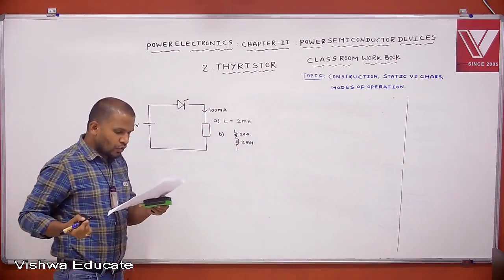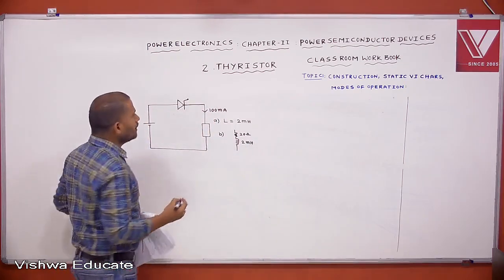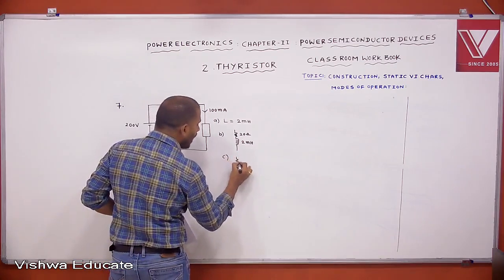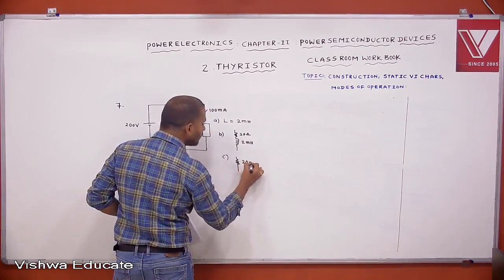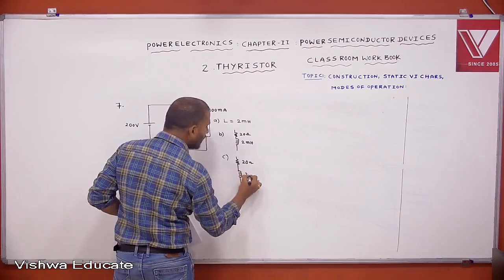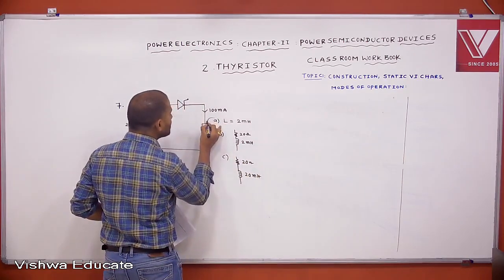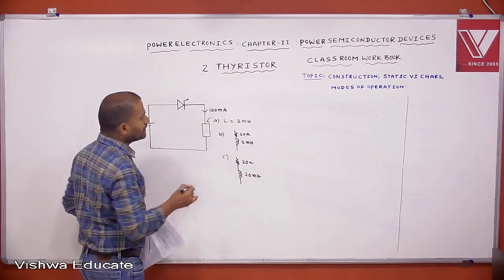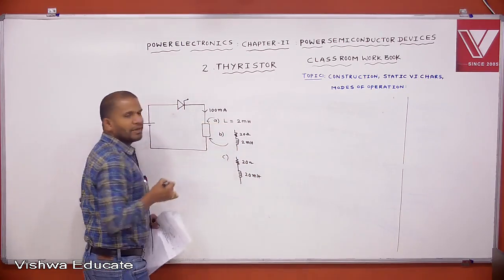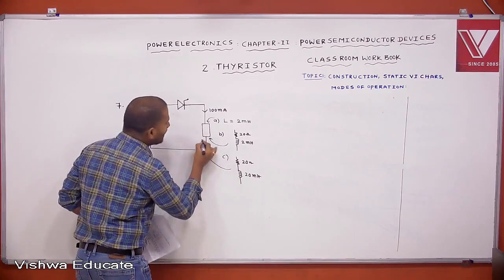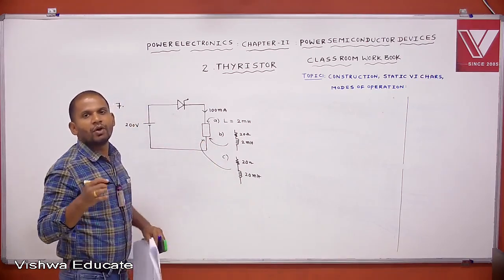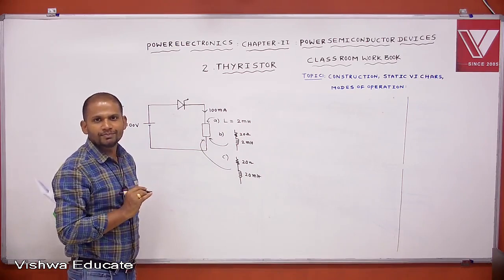The third case is R equal to 20 ohms, L equal to 20 millihenry. If it is connected, what is the minimum gate pulse width that you want to calculate? Three questions you want to solve here.